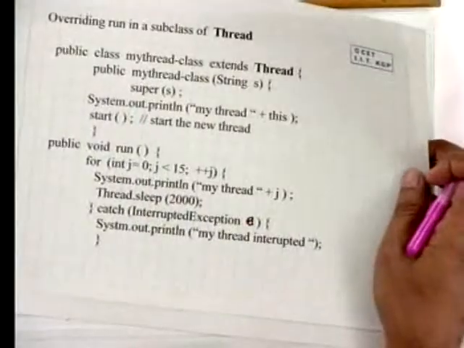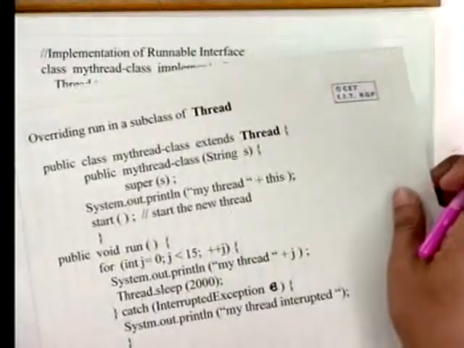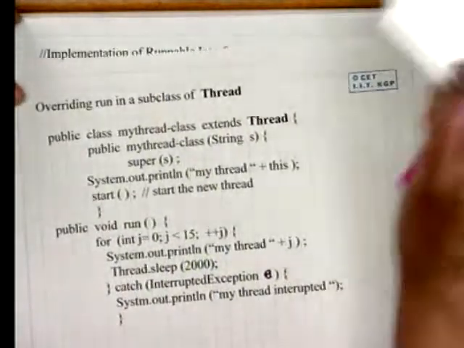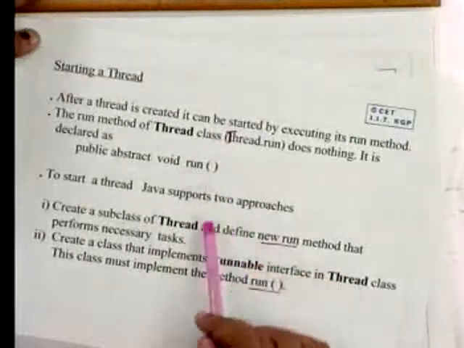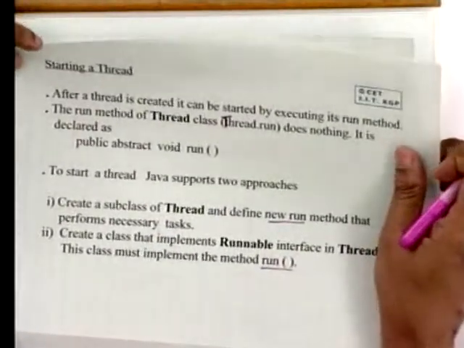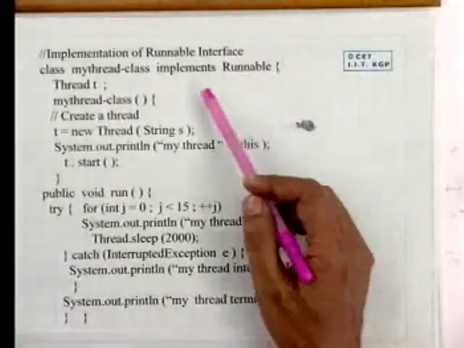So what we have observed is that a thread as an object is typically an instance of the Thread class, and we can create the instances of the Runnable interface or the run method by two approaches: one, defining a run method in a subclass, or with the help of the Runnable interface, like in this example.